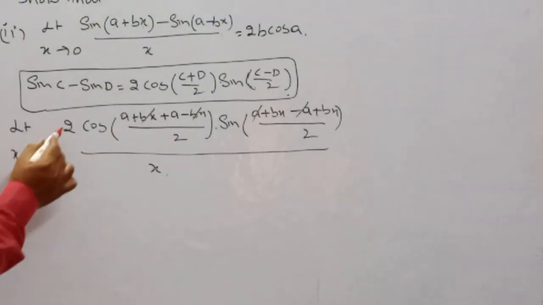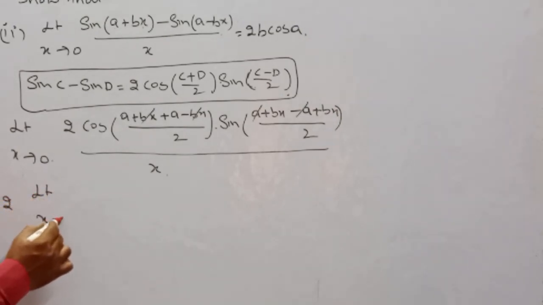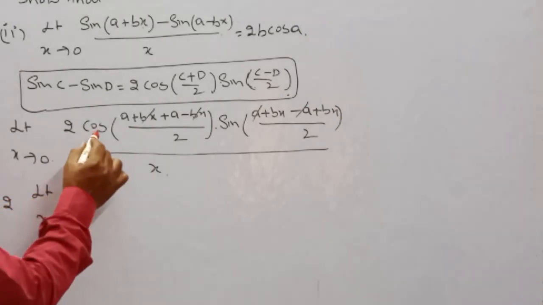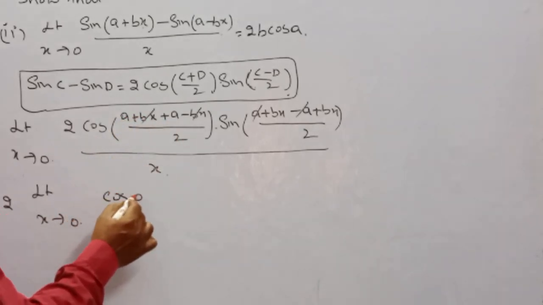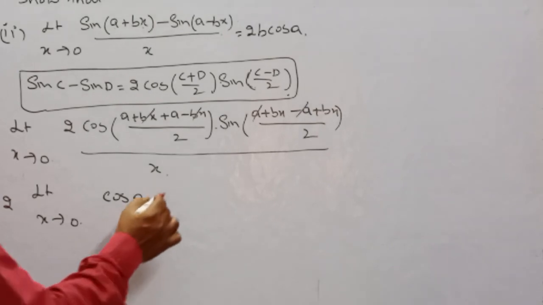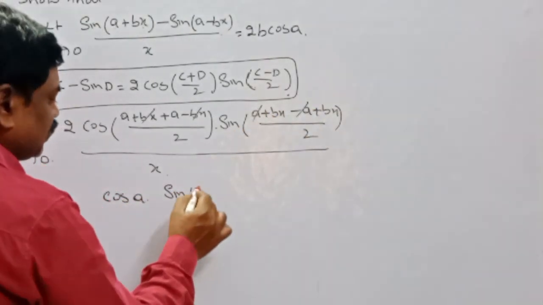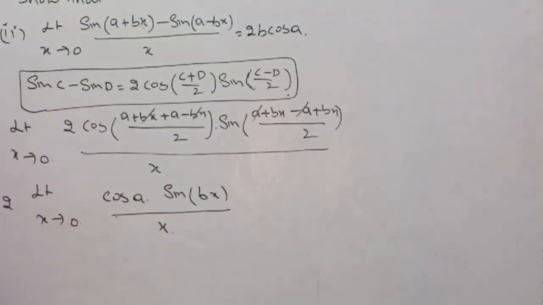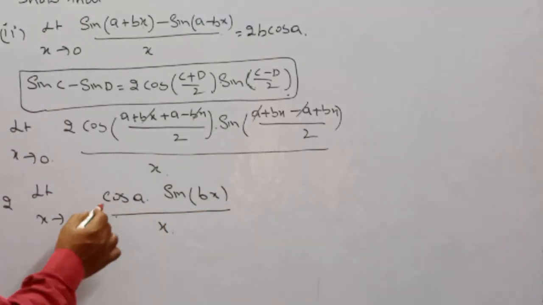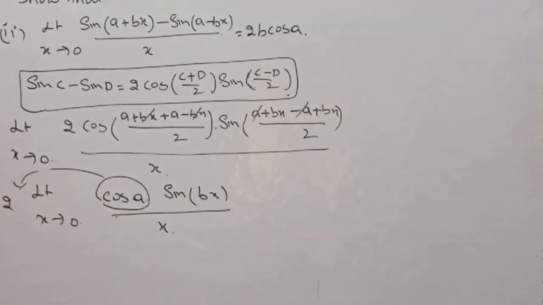What is the remaining? 2 is common, limit x tends to 0. Here cos 2a by 2, that is cos a, into sine of 2bx by 2, that is bx, by denominator x. So here cos a is constant, you can take it to this side.